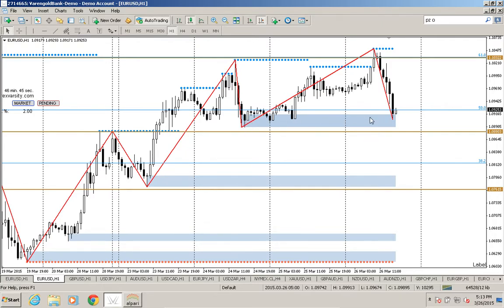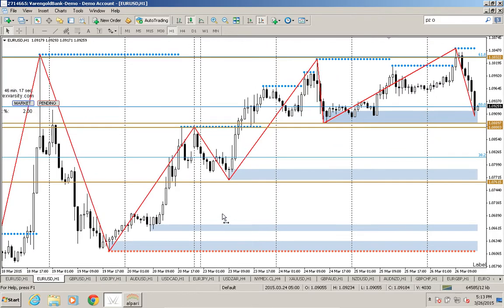Now let's say price still goes down, and it does go down lower than the low on the 24th, which was level 1.0889. Only if price breaks that level, then the trend has changed and we will be in a downtrend on the 1 hour chart on Euro US dollar.